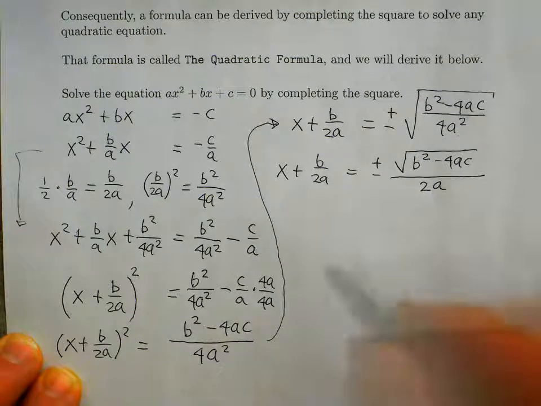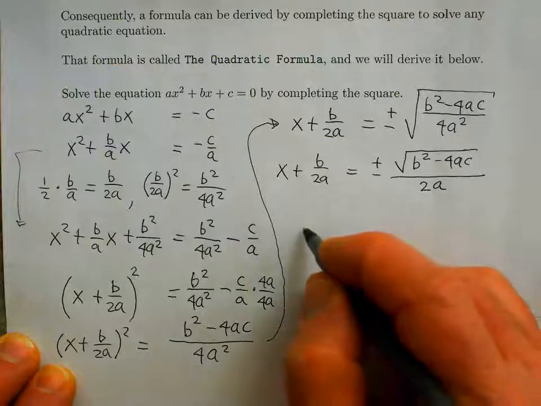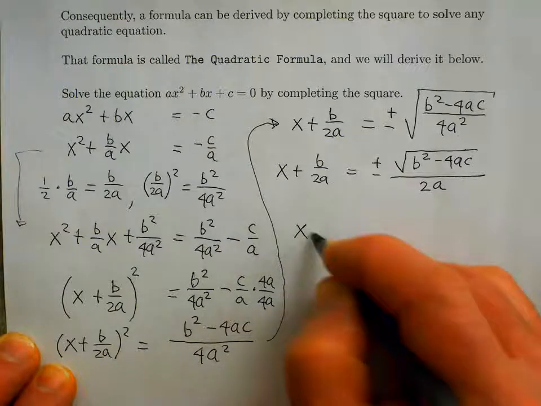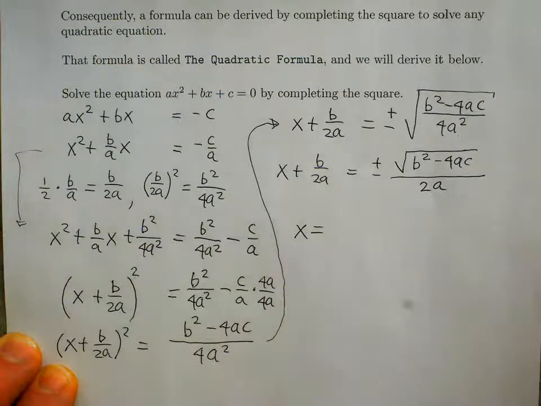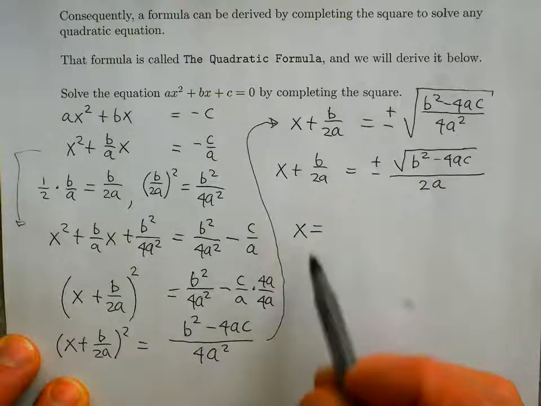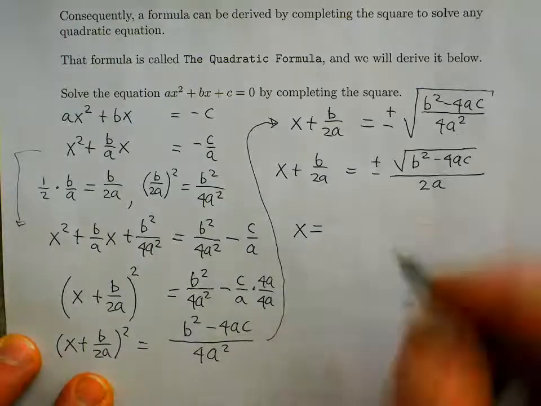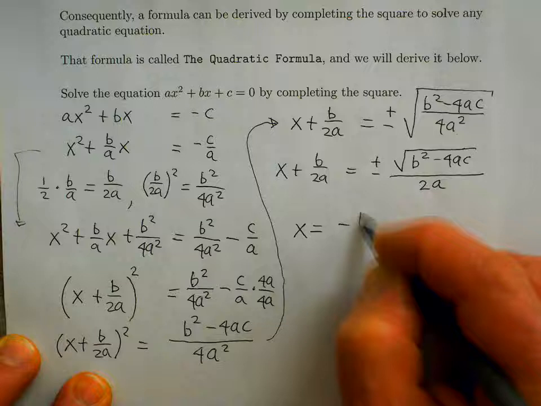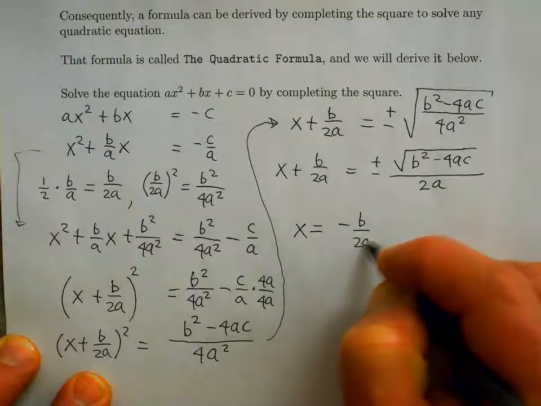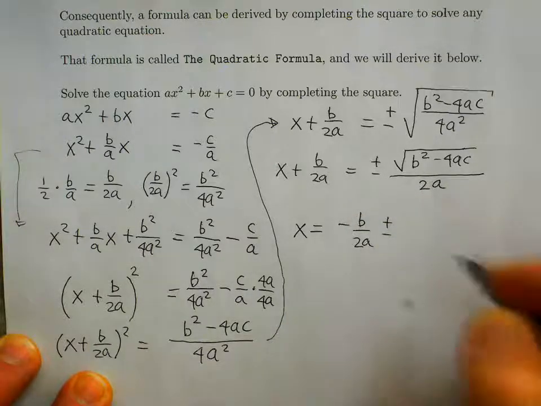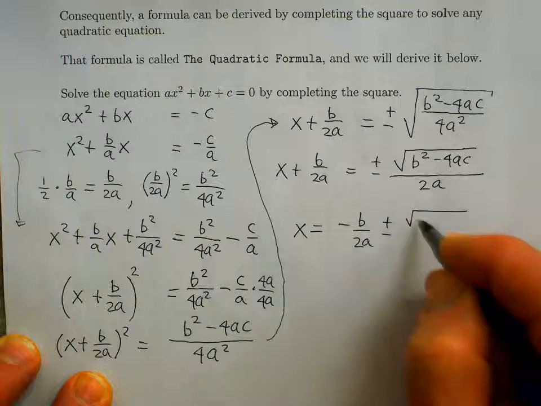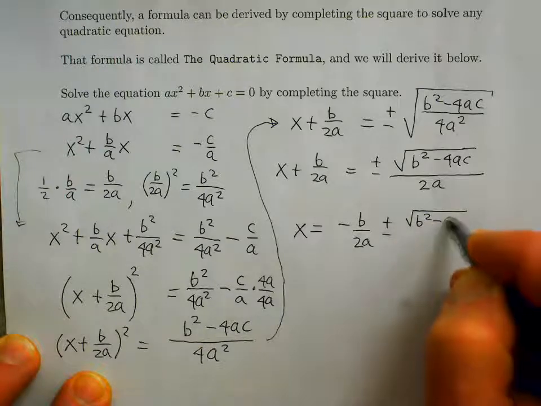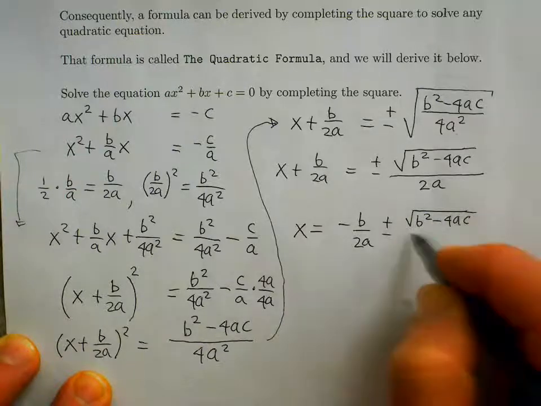Then the next step is the final step. We subtract b over 2a from both sides, and we will write it as x equals negative b over 2a plus and minus the square root of b to the second minus 4ac over 2a.